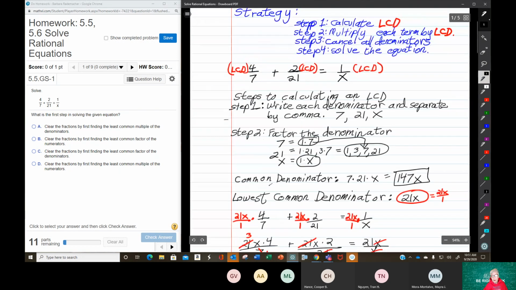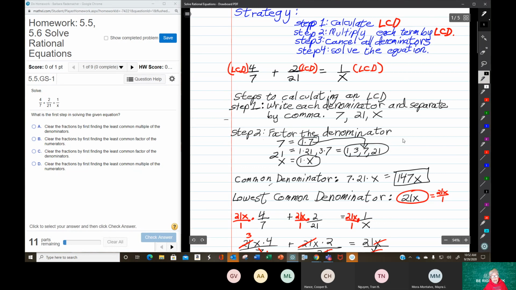Okay, this is our goal. We're going to have a bunch of terms, and there are fractions in them. It's an equation, so there will probably be fractions on the left of the equation and fractions on the right of the equation. Every single time we are going to multiply each original term by the LCD.